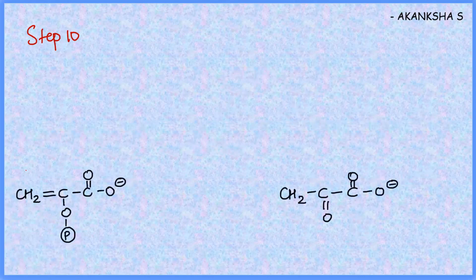This takes us to the last step of the glycolysis, that is step number 10 or the final step of payoff, where we have phosphoenol pyruvate, sometimes we also call it PEP, converting to pyruvic acid or pyruvate.